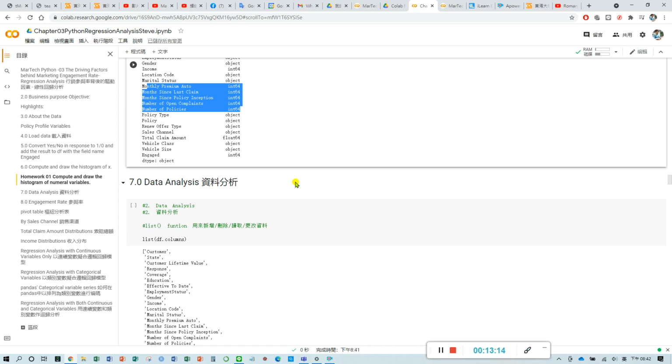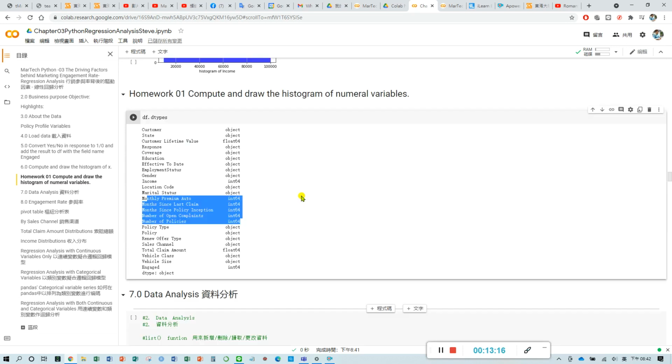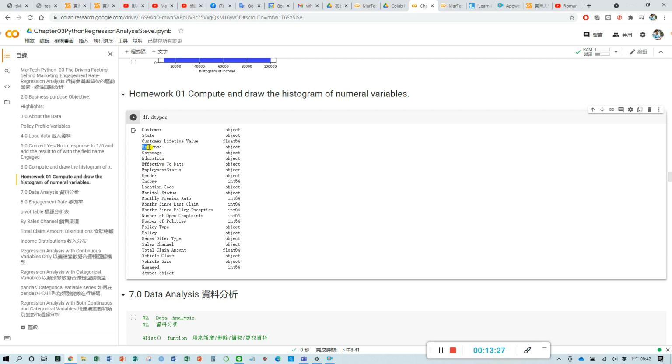So for today, we would like to find out the major factor that will affect the response. Especially, we renamed it to engaged.